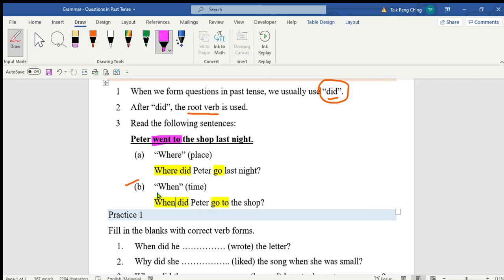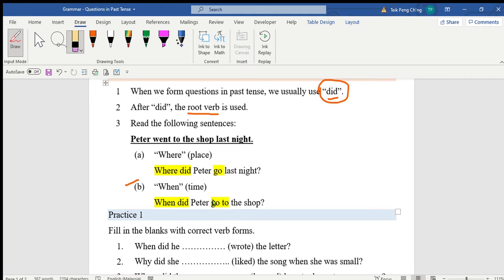But when we form a question, we use when did. And because of the word did, we need to use the root verb or the original verb, go to. Again, I want you to notice that the verb went to has become go to in the question. When did Peter go to the shop?